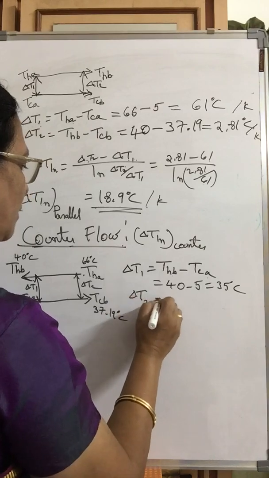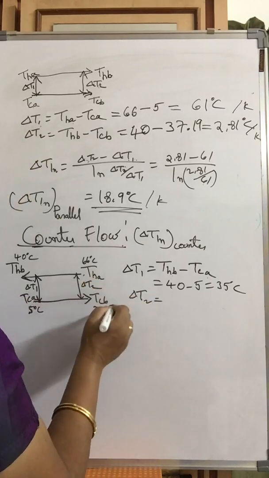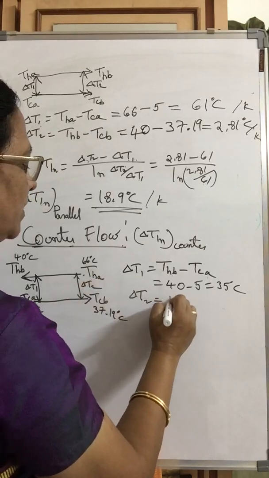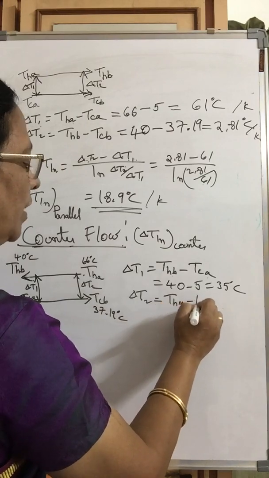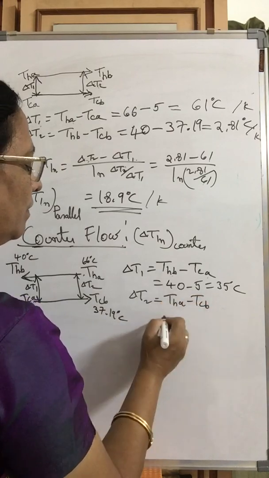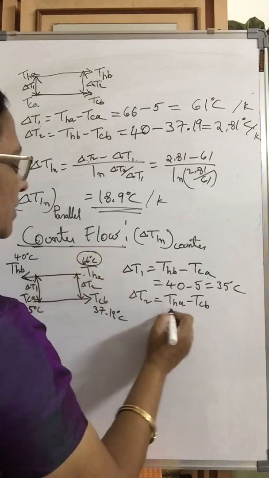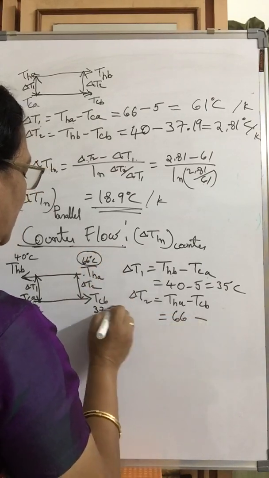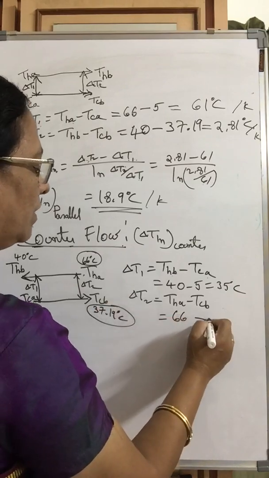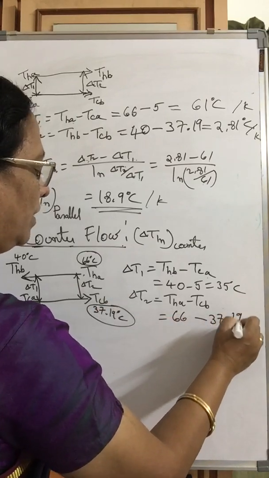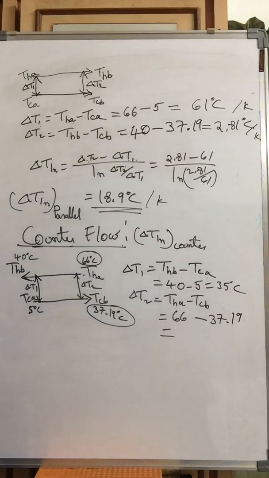Delta T2 is equal to THA minus TCB. THA is 66 degrees centigrade minus TCB, which is 37.19. So this value is 28.81.